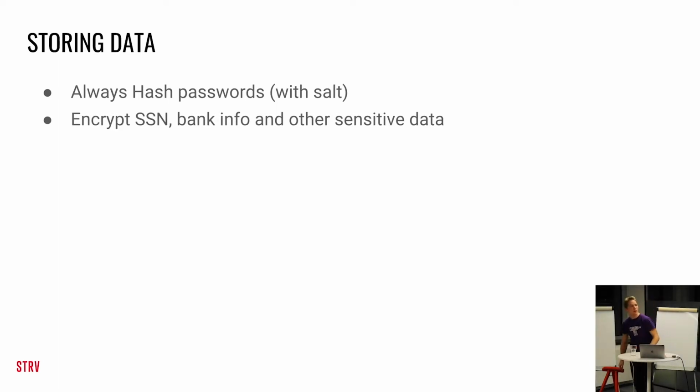Okay, another thing is storing data. Often we do have to somehow store passwords, social security numbers, credit card information, and stuff like that. When it comes to passwords, always salt them and hash them.